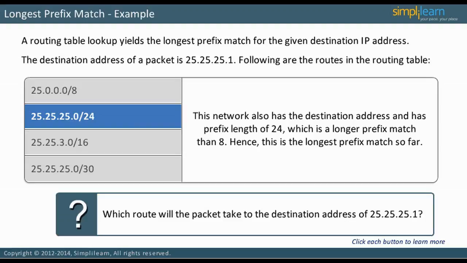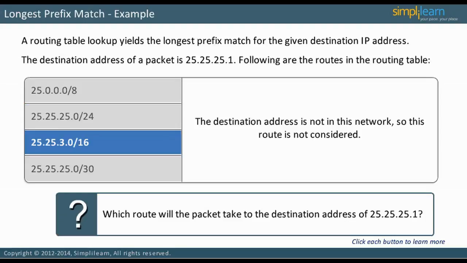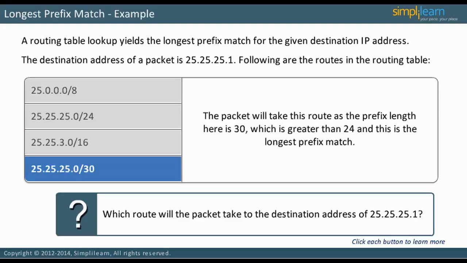Hence, this is the longest prefix match so far. The destination address is not in this network, so this route is not in consideration. The destination address is in this last network. So far, our longest prefix match is 24. The prefix length here is 30, which is greater than 24. So this is the longest prefix match. The packet will take this route.